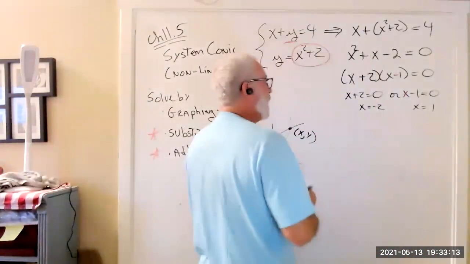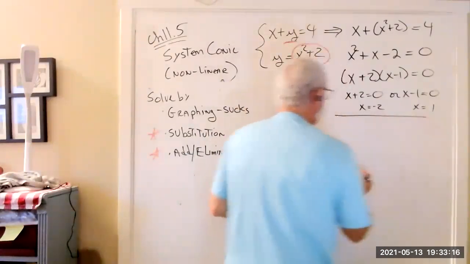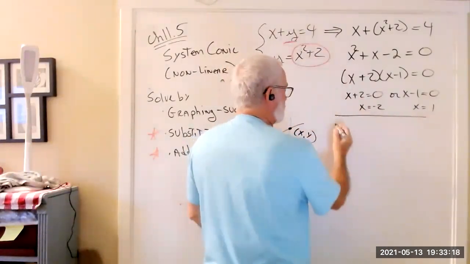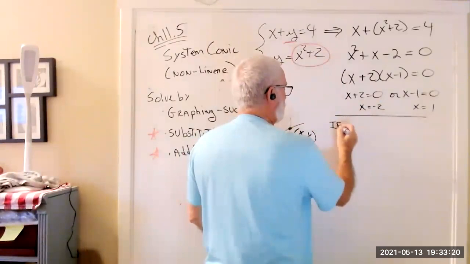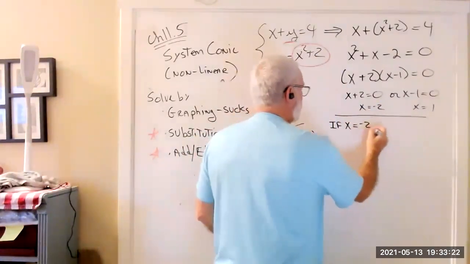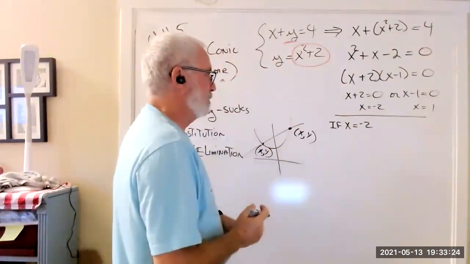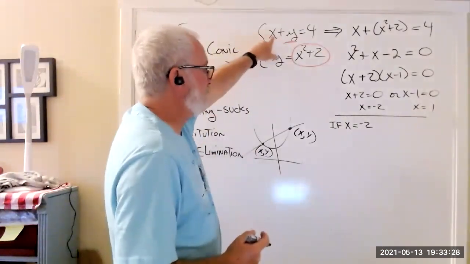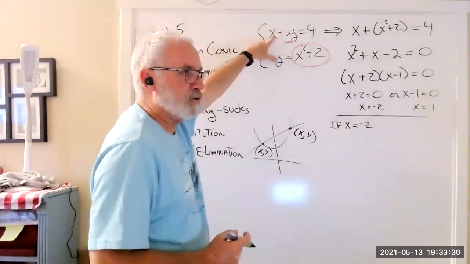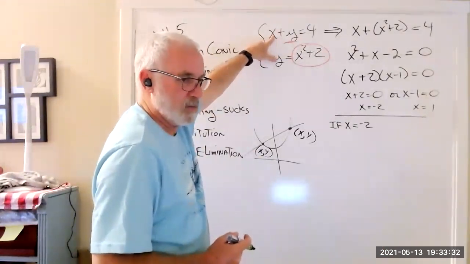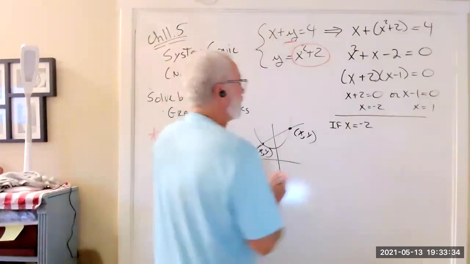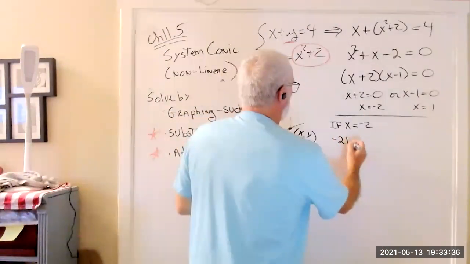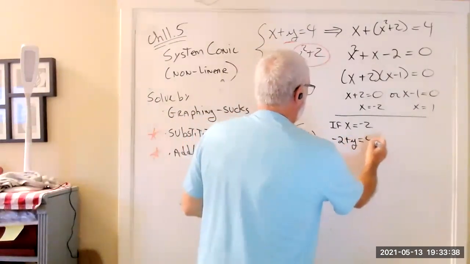So the way I have found over the years is after I get my X's, I say if X equals negative 2, then I plug it back into one of these. And I always try and pick the simplest one. So if X is negative 2, then I have negative 2 plus Y equals 4.